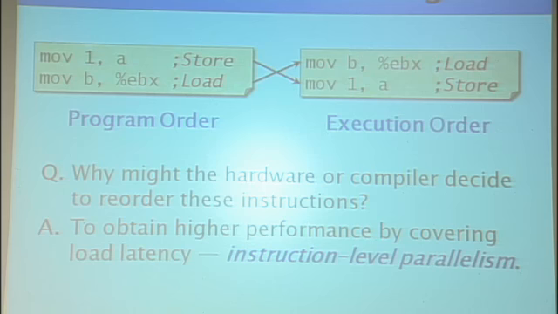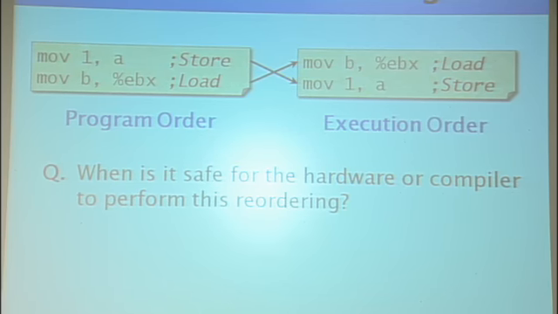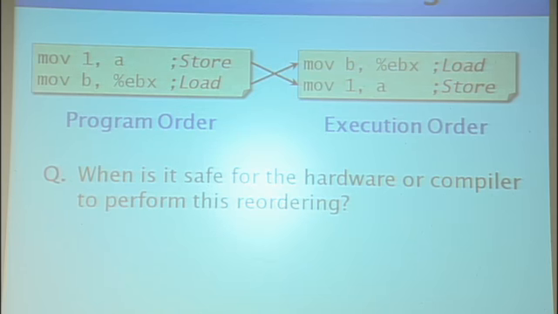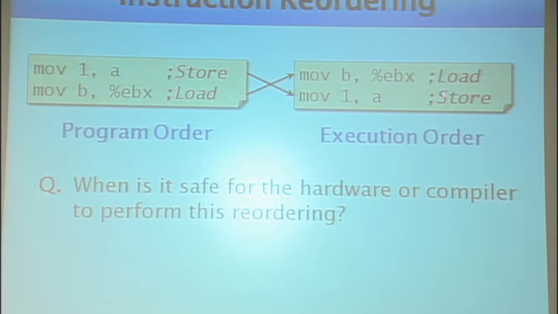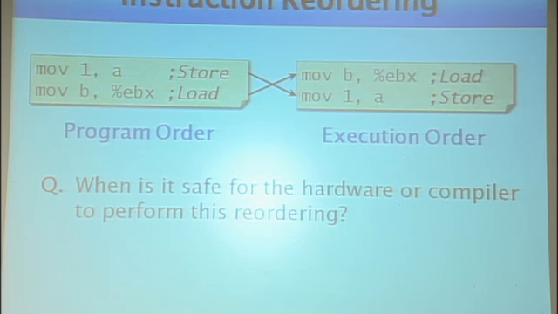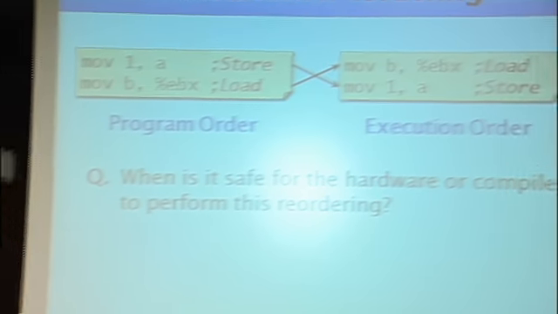Now when is it safe for the hardware or compiler to perform this reordering? Okay? Can it always switch instructions like this to put loads before stores? When would this be a bad idea to put a load before a store?